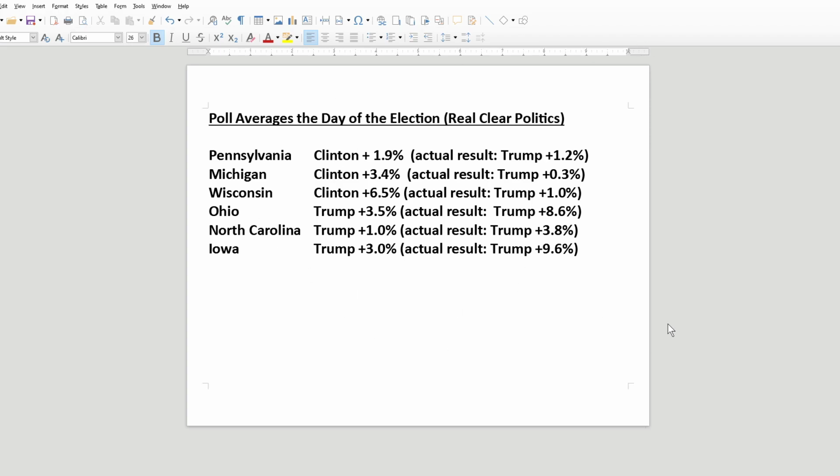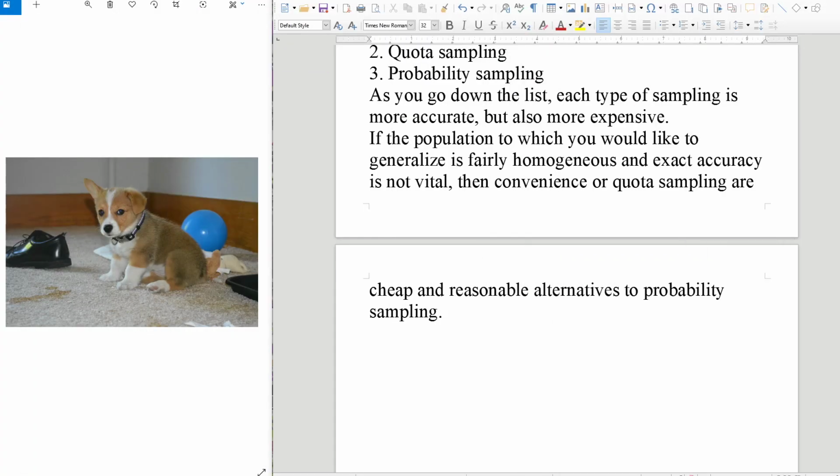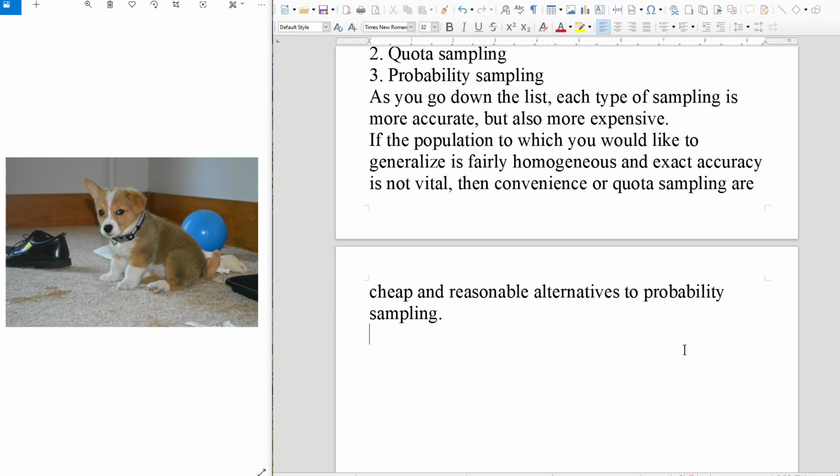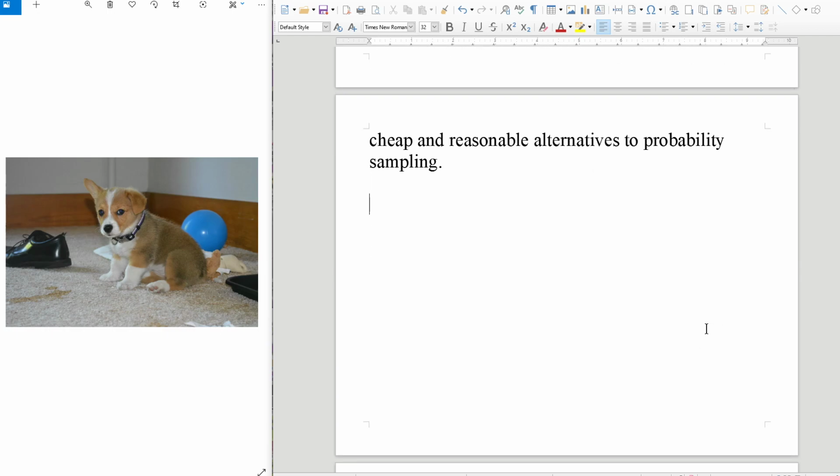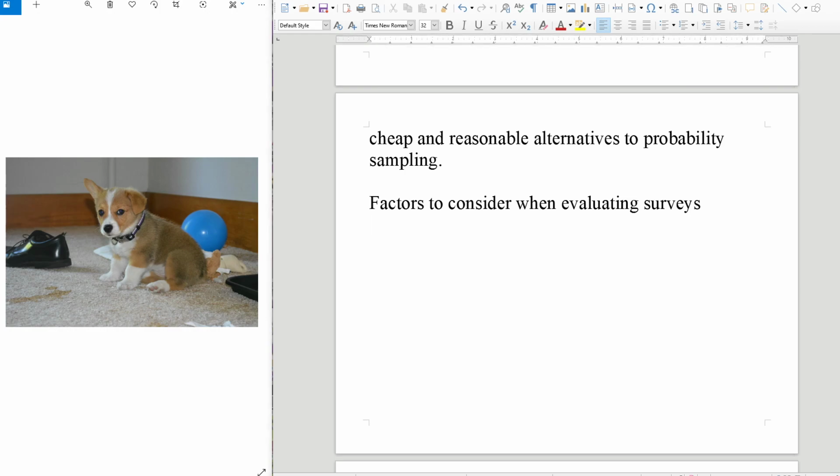After we're done talking about the factors that can influence surveys, we're going to come back to this and try to explain why the polls were so wrong for this particular election. But what we're going to talk about now then is factors to consider when evaluating surveys. That's the title of this part of the lecture.